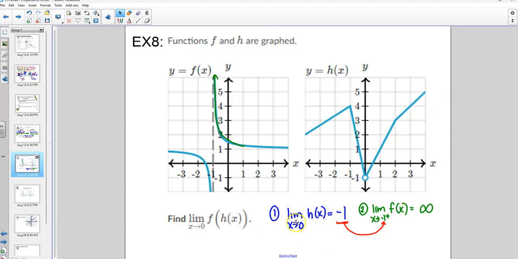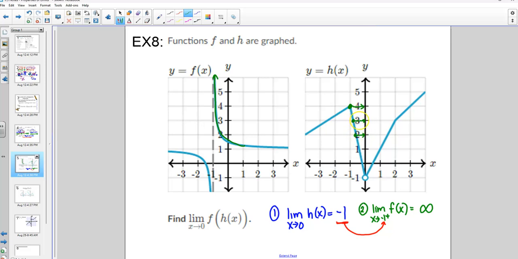So as we're doing the limit as x approaches 0, think about our y values for what's happening here, okay? So up here, my y value is 4, right? And then here, I got 3. Here, I got 2.